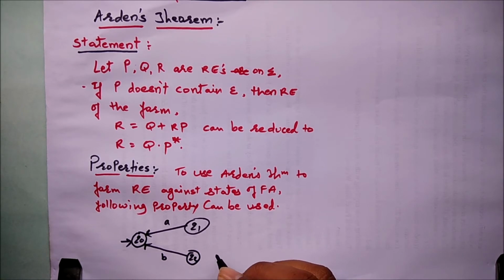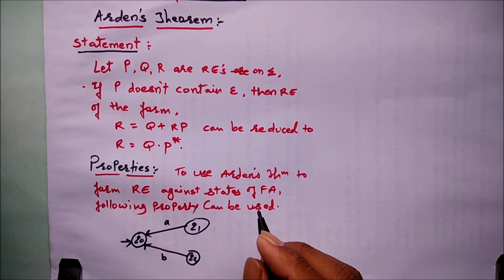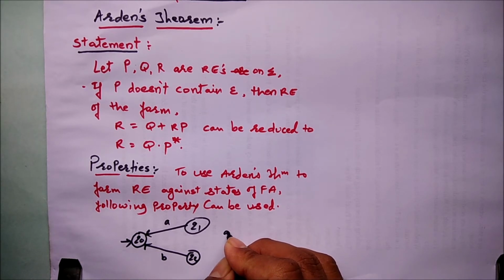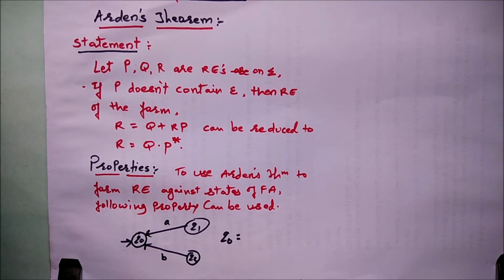Then how can the states be represented in equations? For example, if I want to write it for Q0, first of all I have to check whether the state is the initial state or not. The state with an incoming arrow from nowhere is called the initial state.